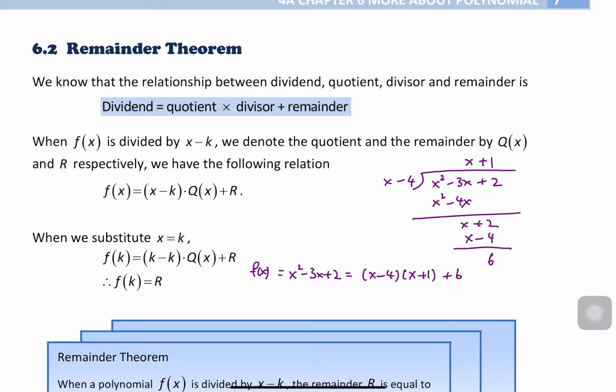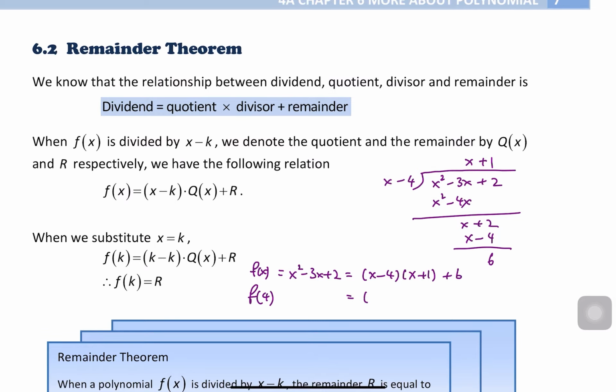That means I want to cancel out this term, so think about the value of x such that this term is equal to 0, because if this term is equal to 0, I can ignore the multiplication of these two terms. So I can substitute x is equal to 4.